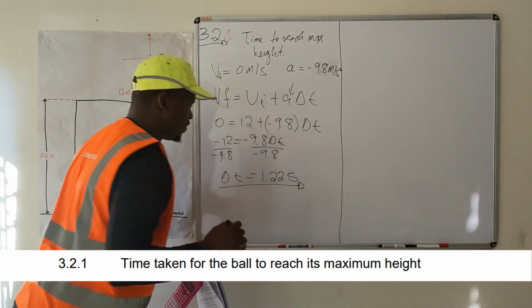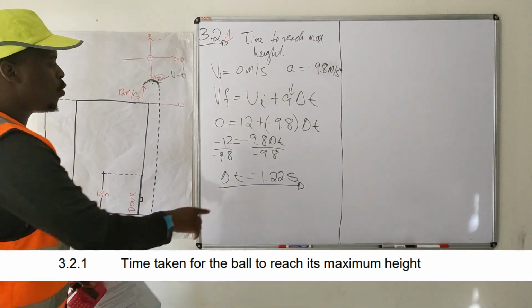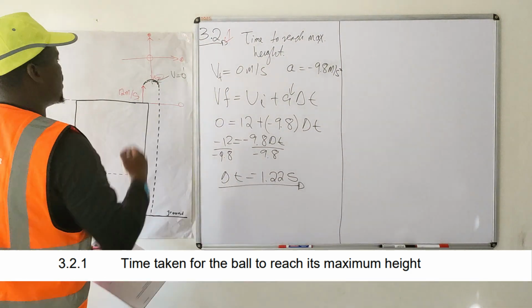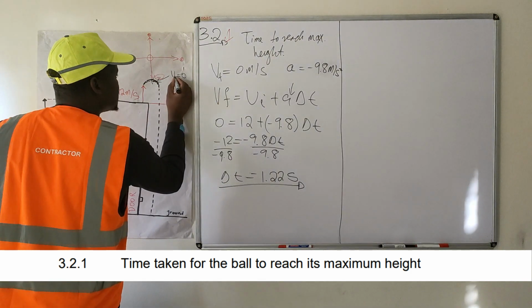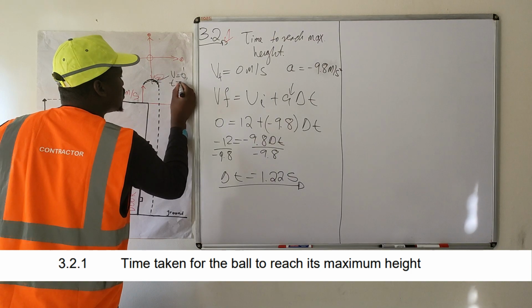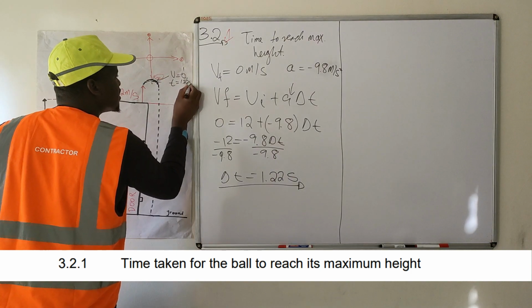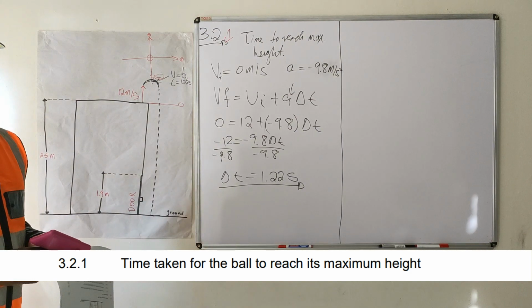So what this tells you is the ball took 1.22 seconds to reach the maximum height. That's all it took to reach the maximum height.